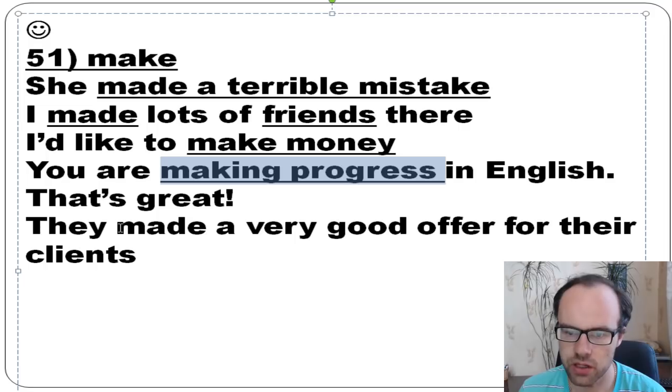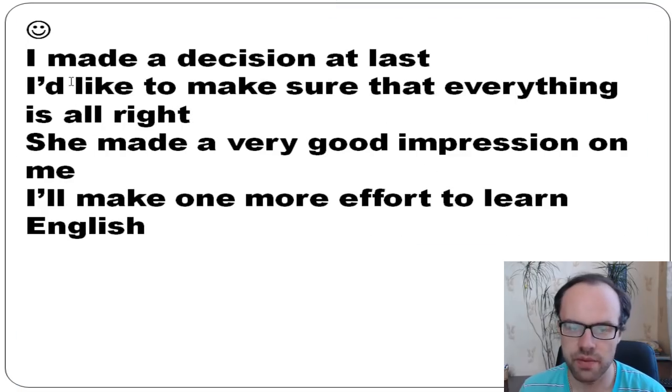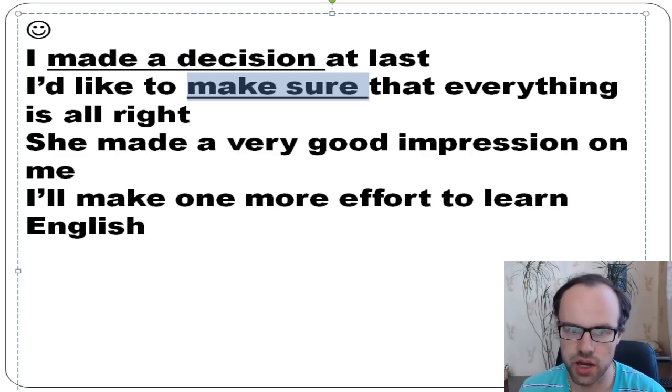They made a very good offer for their clients. We say make an offer. Good. I made a decision at last. So we say make a decision. I'd like to make sure that everything is all right. We say make sure. It means I'd like to be sure.